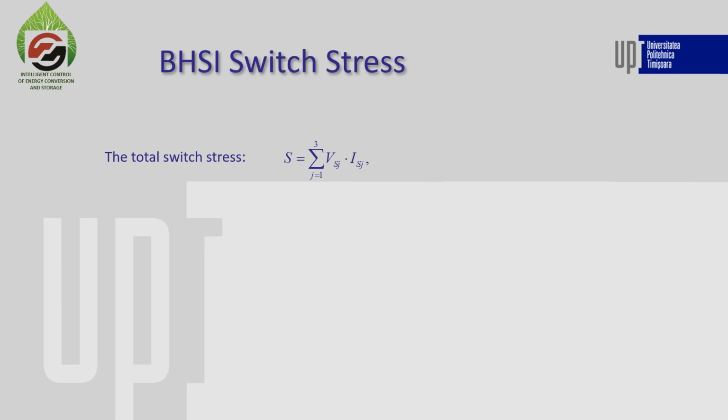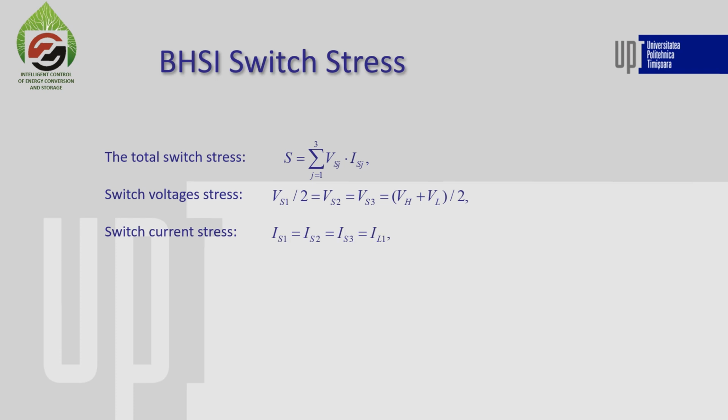Next, let's continue by calculating the total switch stress. Here we see that the voltage stress on one device is double the voltage stress on the two other devices. And then we see that the current stress is the same as the conventional buck-boost converter, but actually it is smaller because the inductor current is smaller for this converter, so we actually have a lower current stress for this converter.